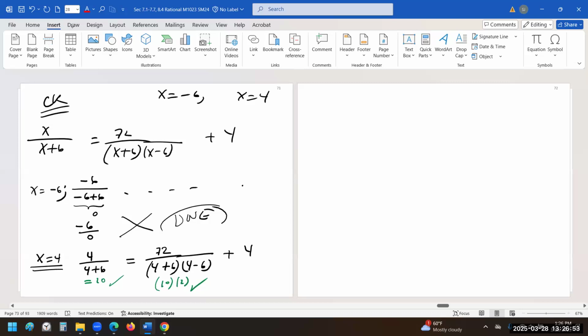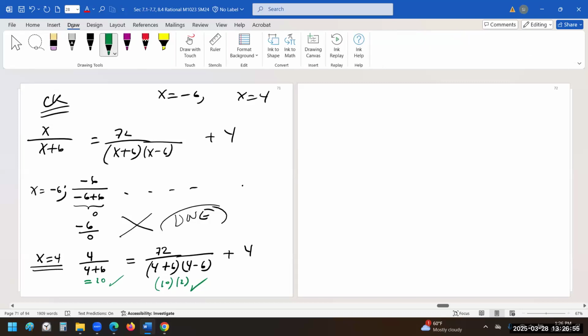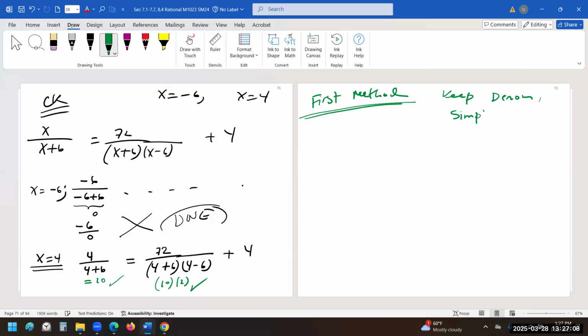Keep the denominator, simplify, add, subtract, simplify, and then solve. This is what we are going to do here.